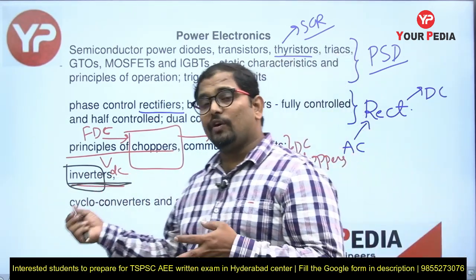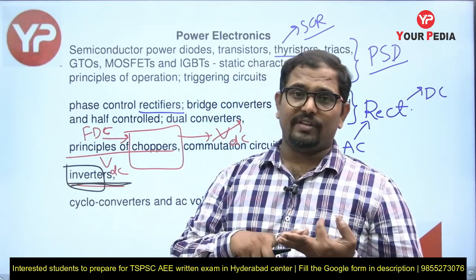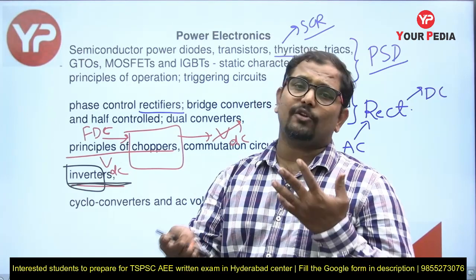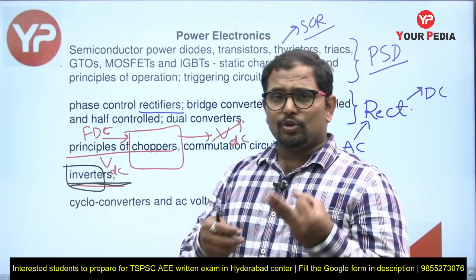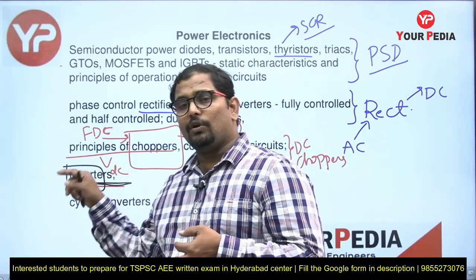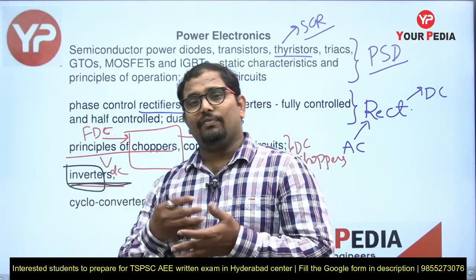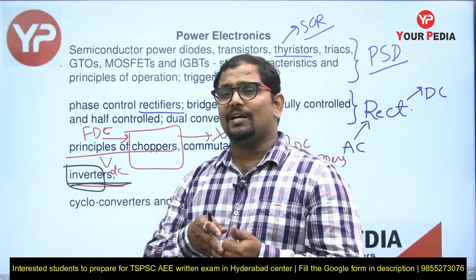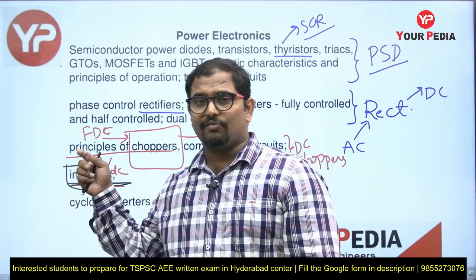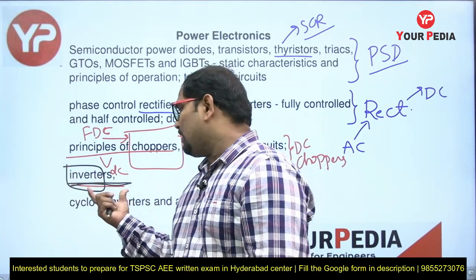With the help of inverter circuits, we can vary the output voltage along with the frequency, or change the frequency, or maintain the same fixed frequency also. That is possible, but mostly we'll use variable voltage and variable frequency technique for the speed control of induction motors and synchronous motors. There are multiple techniques to get the variable voltage and variable frequency. So this is about the inverters.